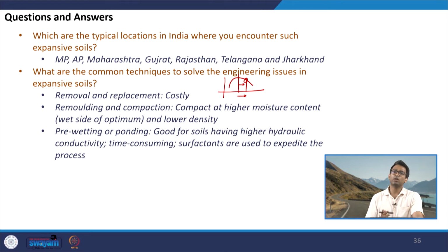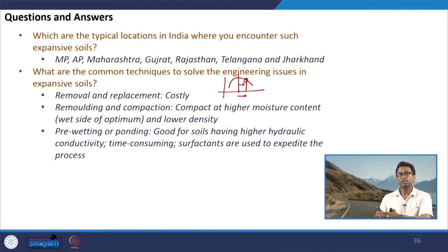Now, this technique again is dependent on the hydraulic conductivity of the soil. If the soil has high hydraulic conductivity, which means it can be easily wetted, then it is good, we can use this method, though this method is very time consuming, especially in those soils where the hydraulic conductivity is less.